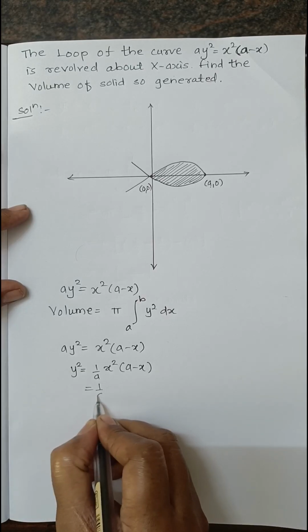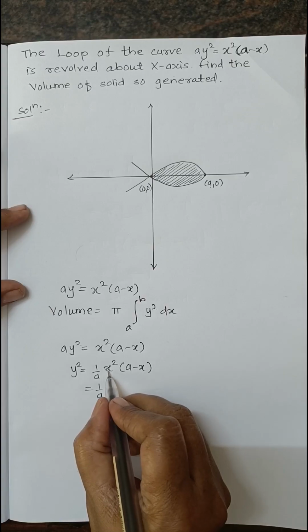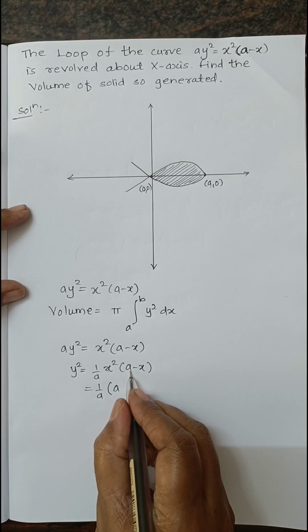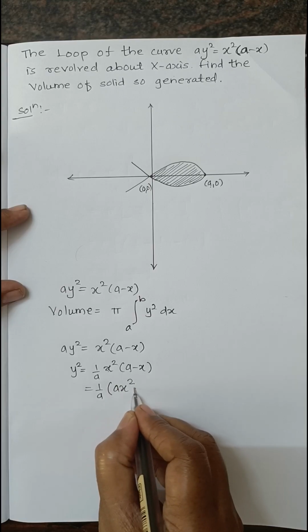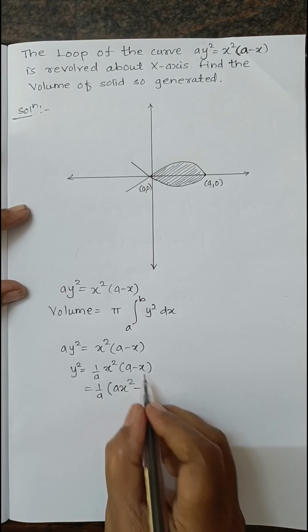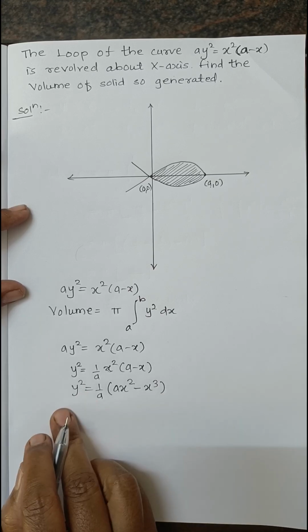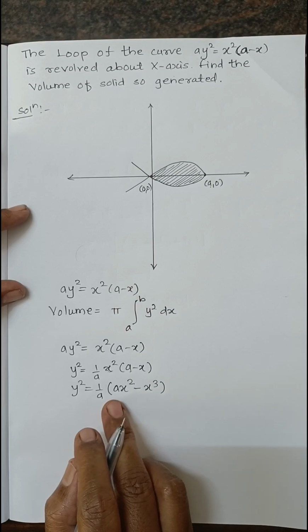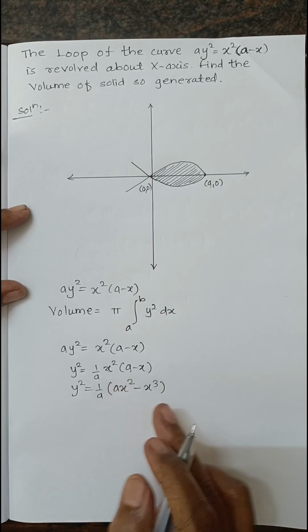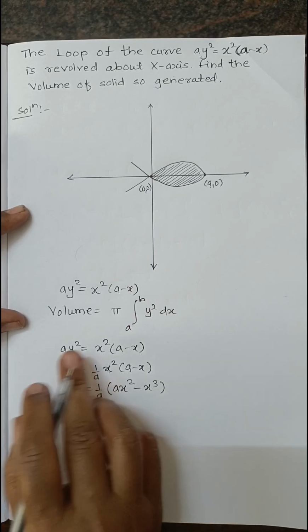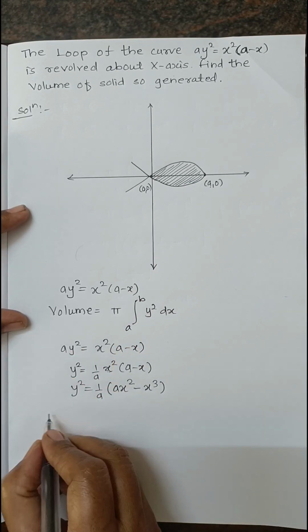If we multiply x square in the bracket, a into x square minus x square into x is x cube. So y square is 1 upon a into (a x square minus x cube). Now let us put this here.